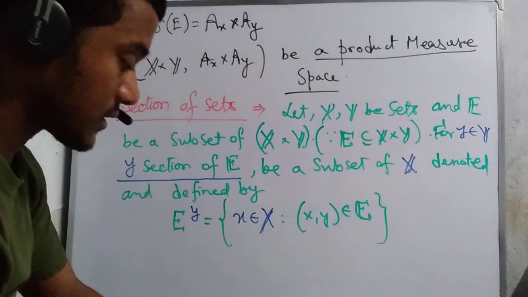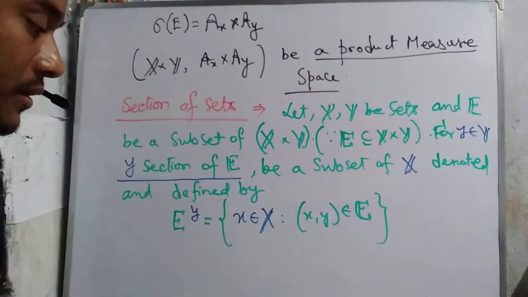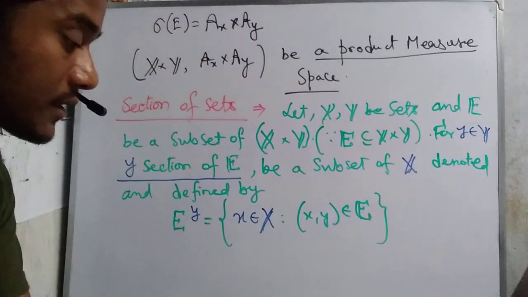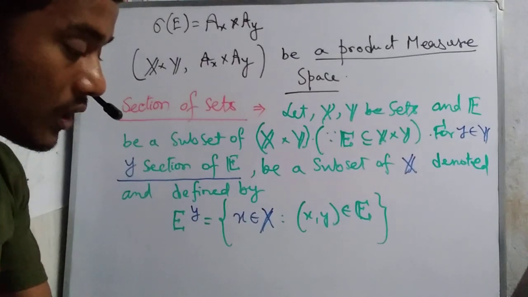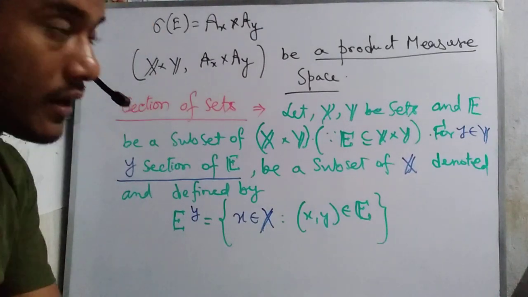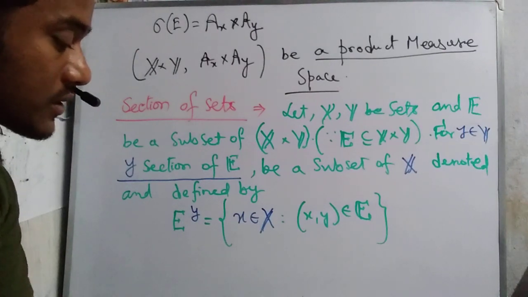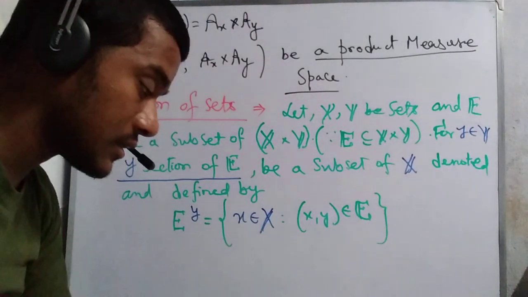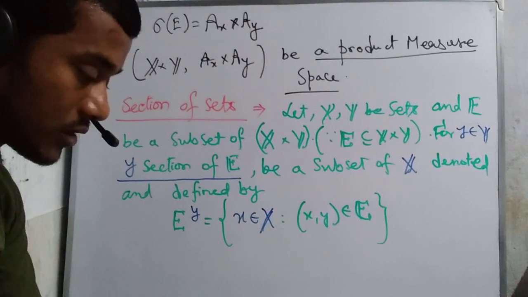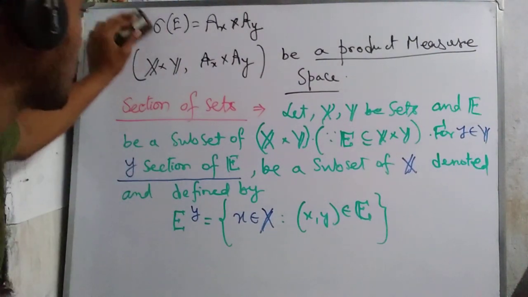The y section of E is a subset of X and the x section of E is a subset of Y. Then E_x equals the set of y belonging to Y such that the pair (x, y) belongs to E, and the y section of E equals the set of x belonging to X such that the pair (x, y) belongs to E.